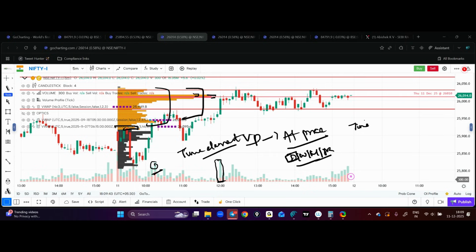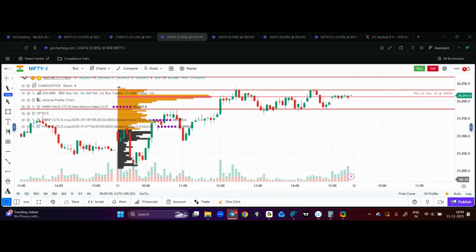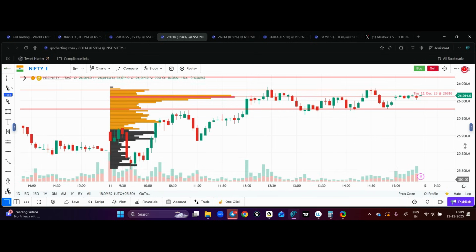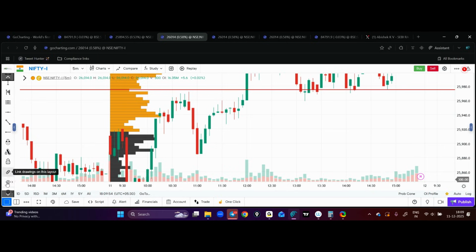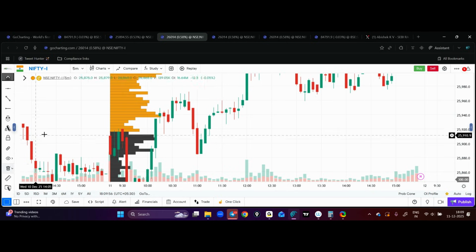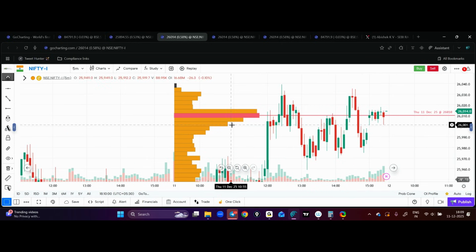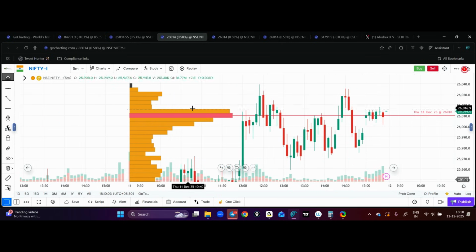For example, when I'm zooming in, if you see this volume bar here, the range is 26,011 to 26,016, which is a 5 point range.